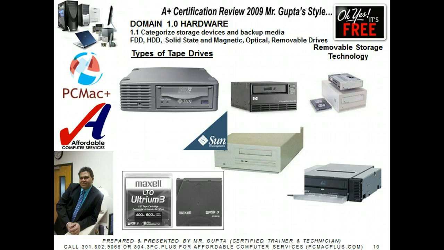DLT 4 holds up to 40 gigabytes native or 80 gigabytes compressed data. The next one is Super DLT Tape 2 that holds up to 300 gigabytes native or 600 gigabytes compressed data.